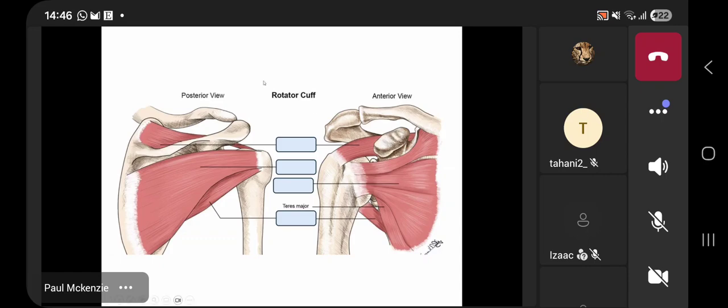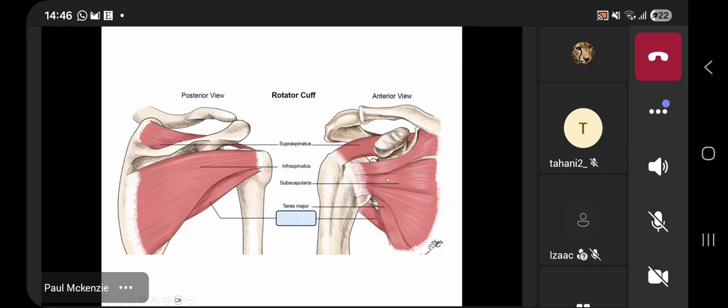Okay, so can you remember the names? This one is above the spine of the scapula, so that's the supraspinatus. This one here is below the spine of the scapula, so it's the infraspinatus. This one here sits above, well, close to the teres major. So it's the teres. I got it wrong. Sorry, I missed out. I was pointing at this one.